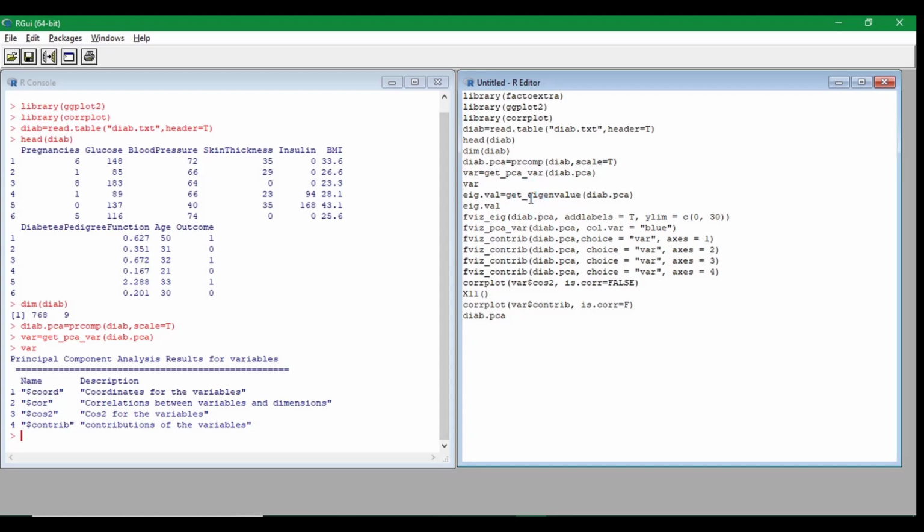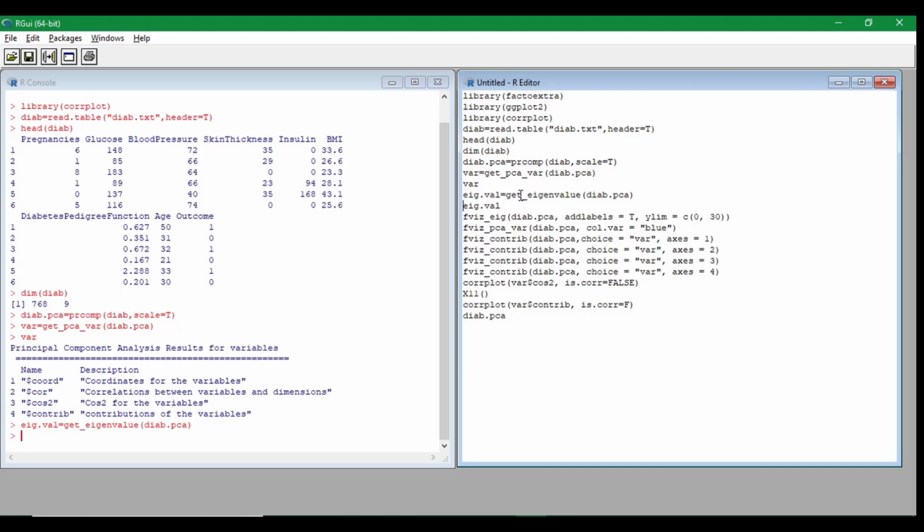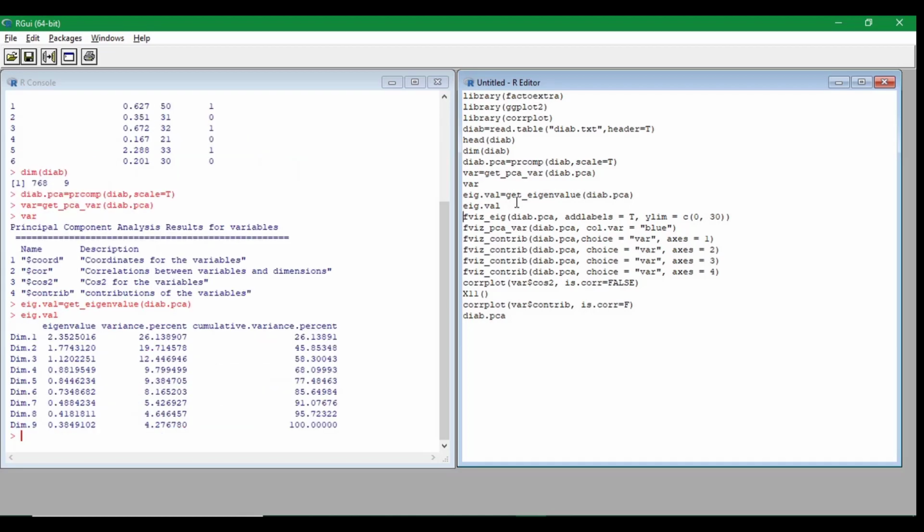And now let's take a brief look at the eigenvalues of our principal component. So we can see that for dimension 1, which is principal component 1, the eigenvalue is 2.352, and the variance percent is 26.1, indicating that dimension 1 accounts for 26.139% of the total variation within the data set.